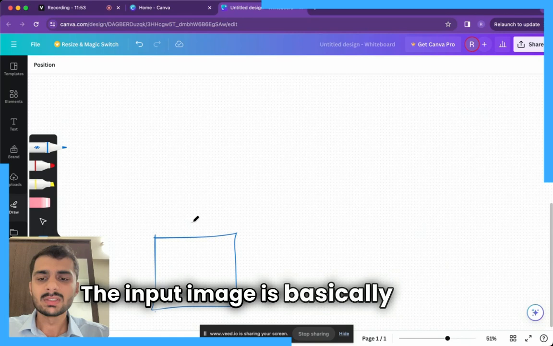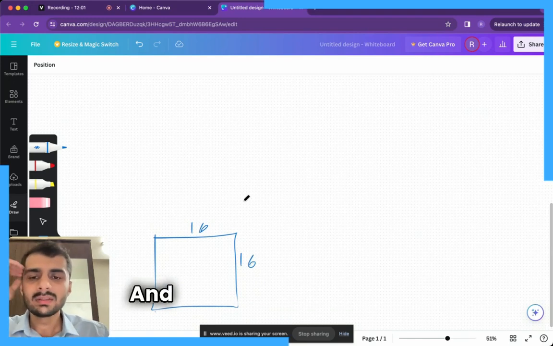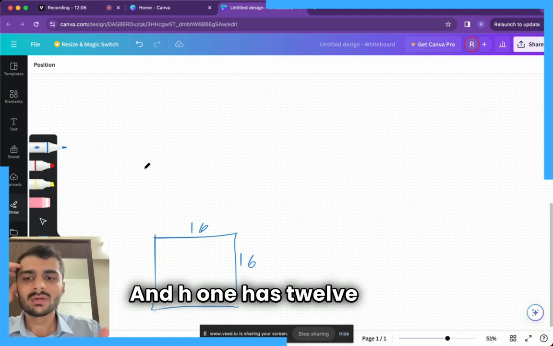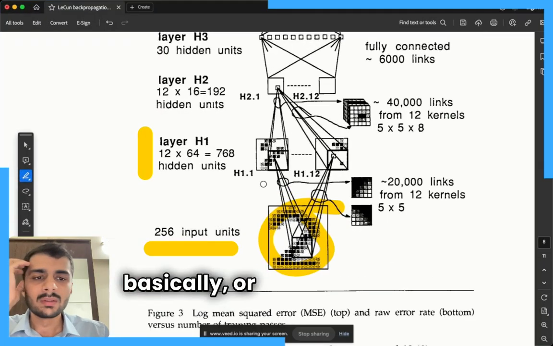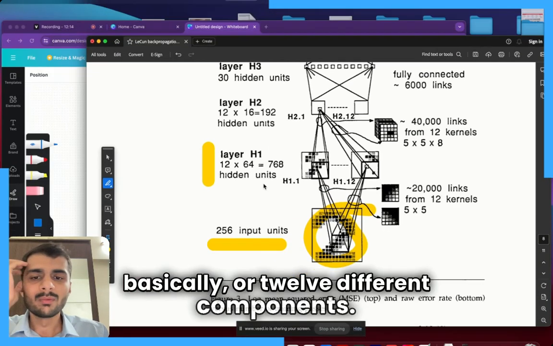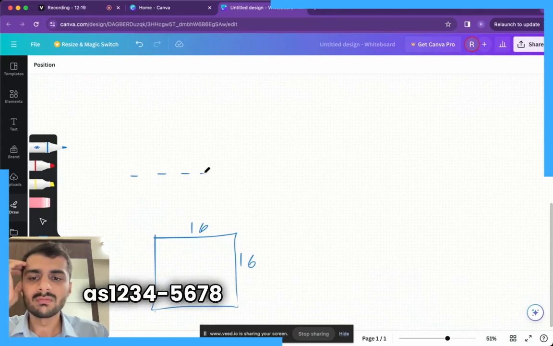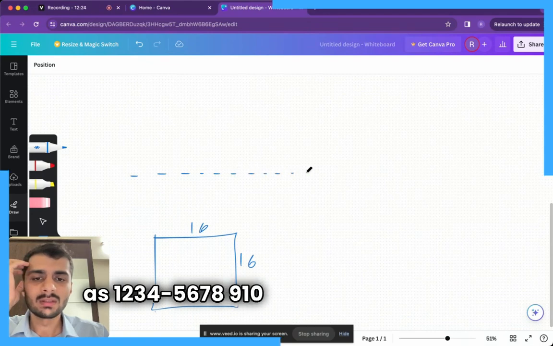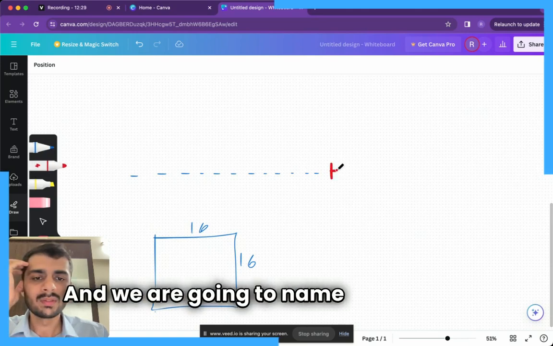The input image is basically 16 by 16, and H1 has 12 units, or 12 different components. Let me mark this as 1, 2, 3, 4, 5, 6, 7, 8, 9, 10, 11, and 12. And we are going to name this H1.